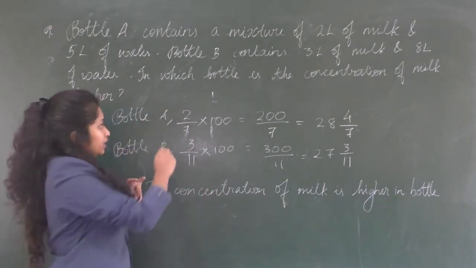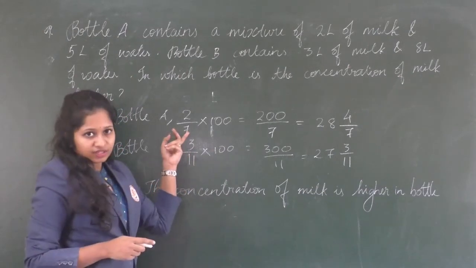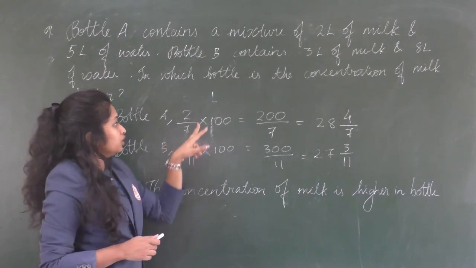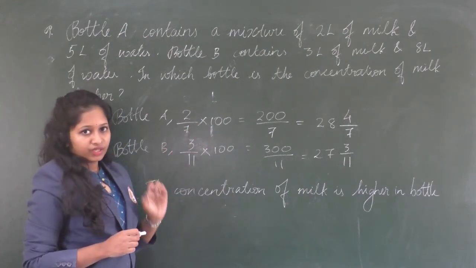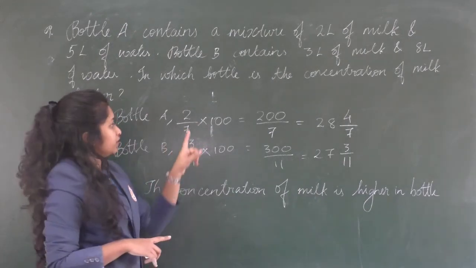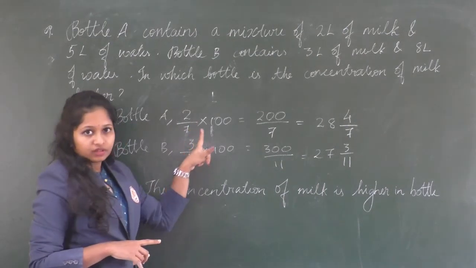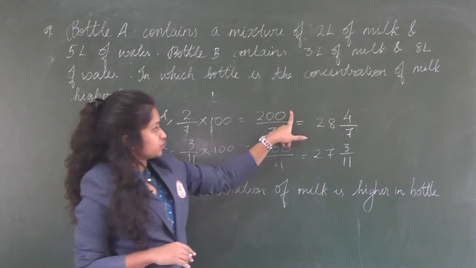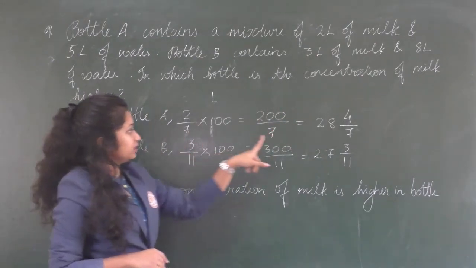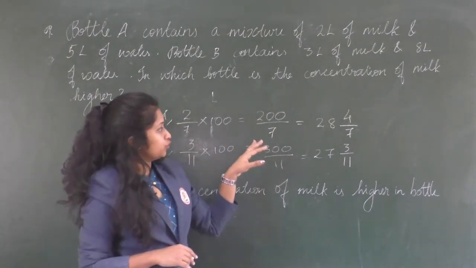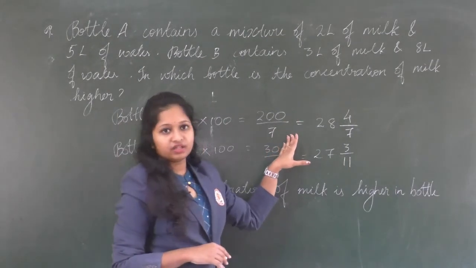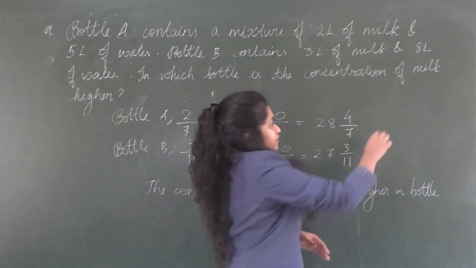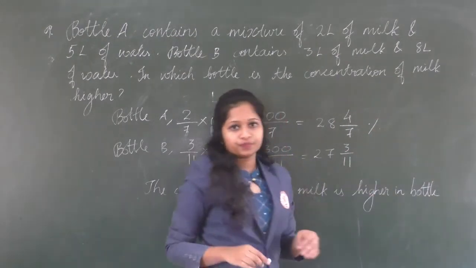Okay, so in bottle A the total mixture is 7 liters and 2 liters of milk. So to find percentage of milk in bottle A, we can write it as 2 by 7 into 100. So 2 into 100 is 200 by 7. Now when you divide 200 by 7, we will get it as 28.4 by 7 percentage.